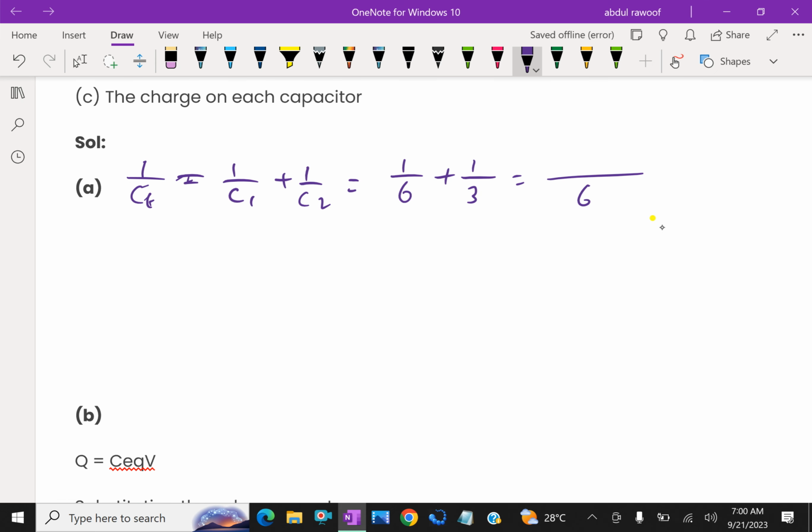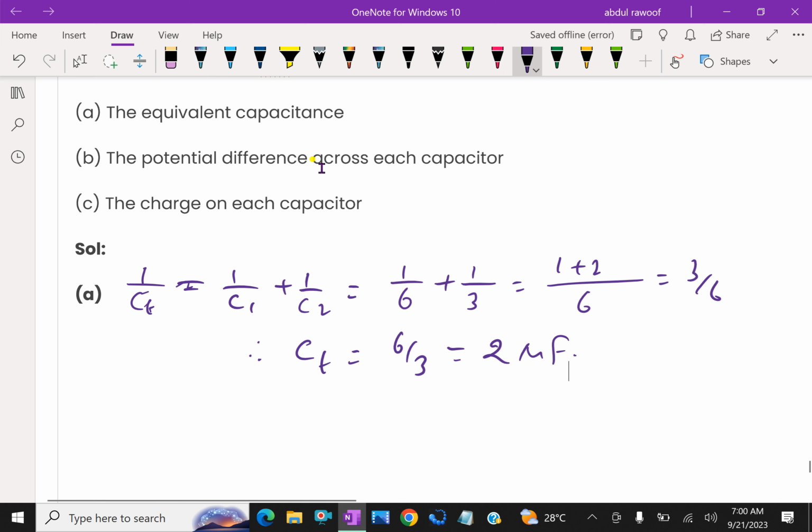Taking 6 as the LCM, 1 plus 2 is 3 over 6. Therefore 1 over CT is 3 over 6, so CT equals 6 over 3, which is 2 microfarad. We got the equivalent capacitance first.